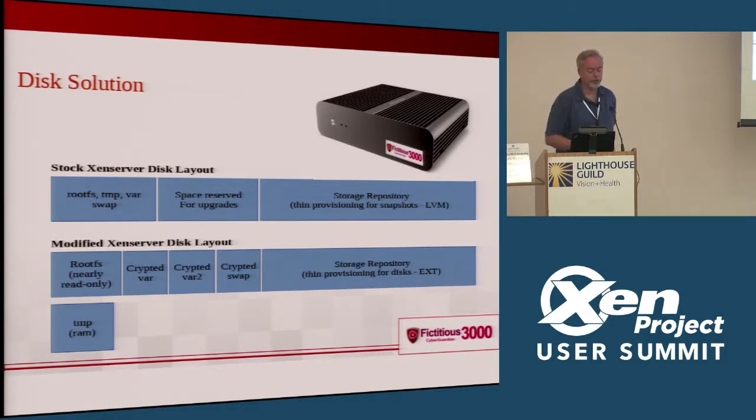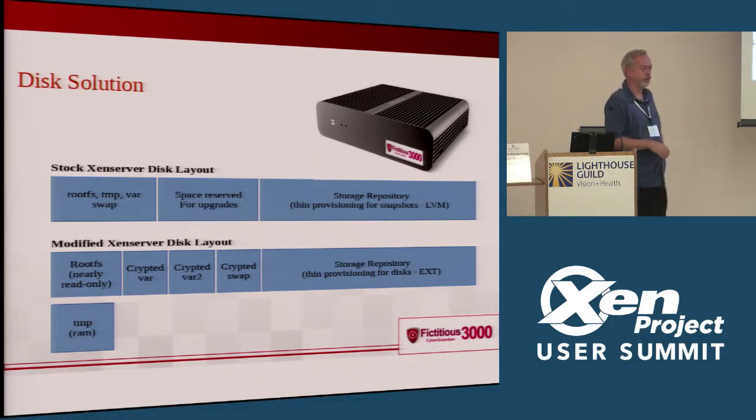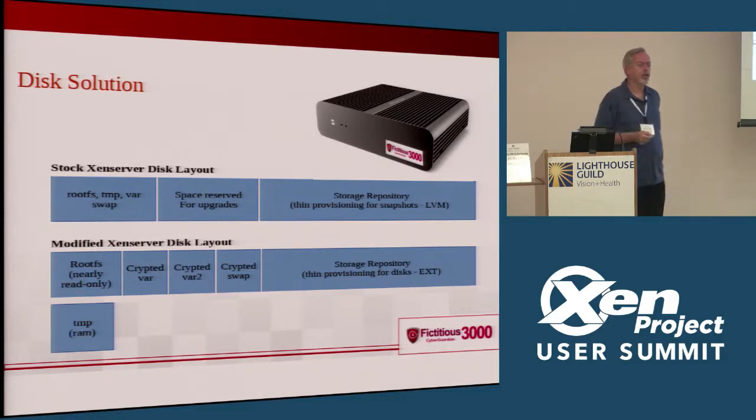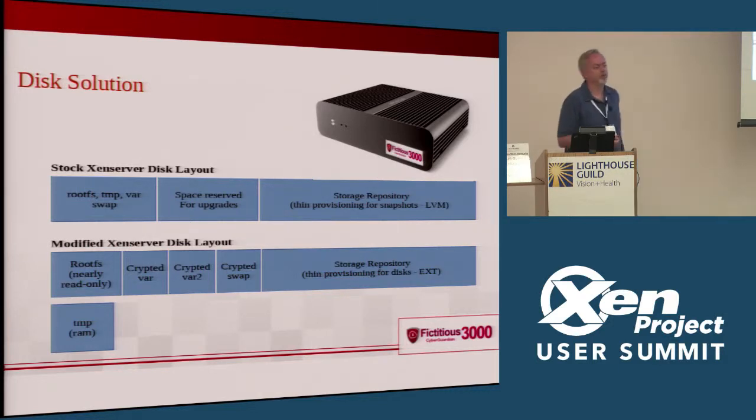So what we did is we took the root file system and we made it virtually read-only. There's only about 4 files that get written to in there, and they're very, very minor. I could have gone that last little bit, made the whole thing read-only. I don't think I would have really gained a lot, and I would have spent a lot of time on it. Okay, so then the var partition, we have a var partition, and it's encrypted.